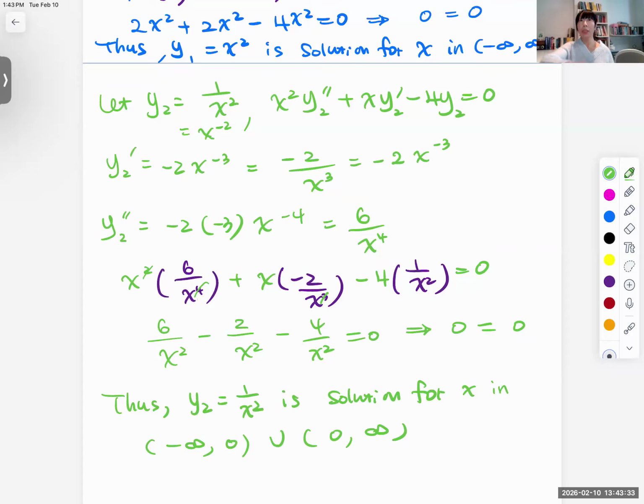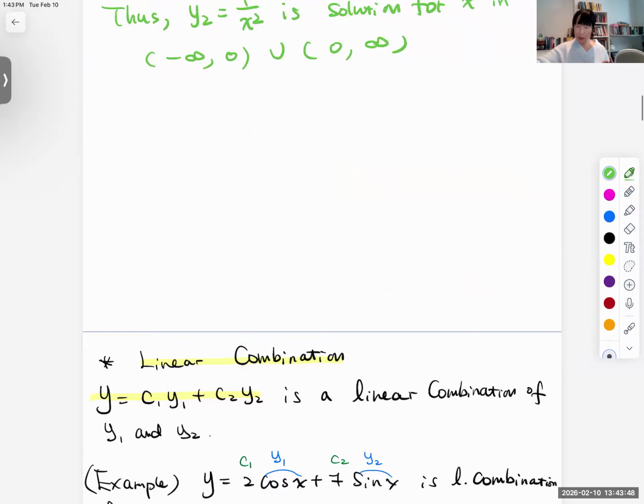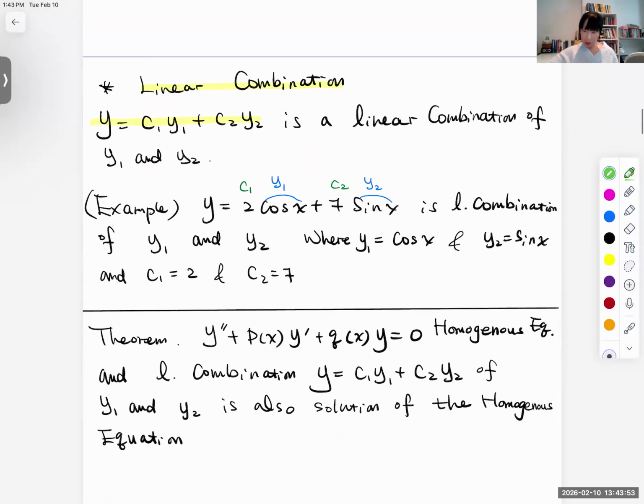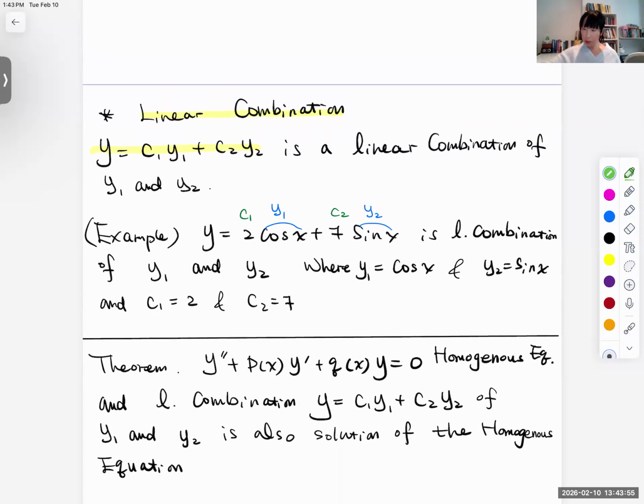We have a terminology, linear combination, we learn from linear algebra, right? That's why the differential equation prerequisite is, I think, calculus 3 and linear algebra, right? Okay, so linear combination, the form is y equal to c sub 1 y sub 1 plus c sub 2 y sub 2.